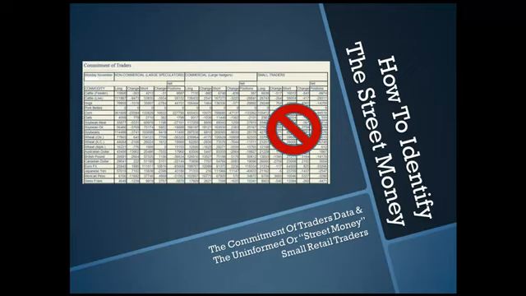And I'm being polite because it's usually referred to as the dumb money. Basically it's the small retail traders. It's the guys and gals that start their accounts up with a very small amount of money with very little training under their belt, and they just get in there and they gamble. That's typically the losing group.